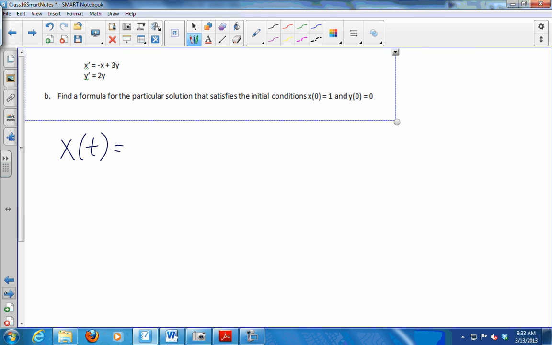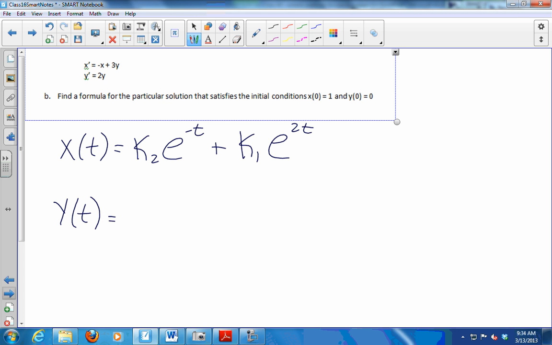x of t was k2 e to the negative t plus k1 e to the 2t, and y of t was k1 e to the 2t.